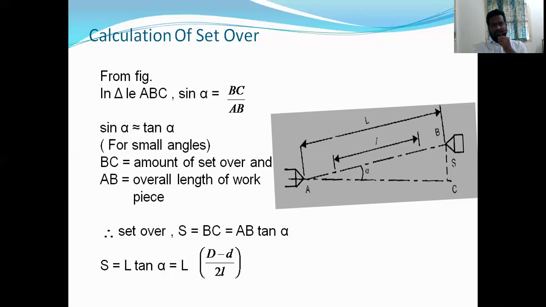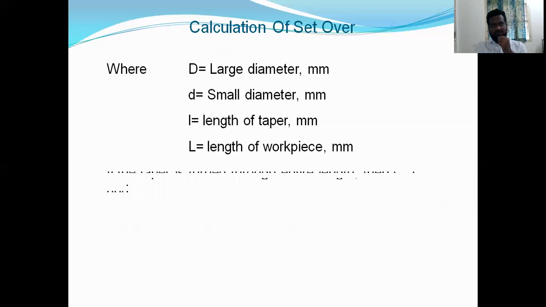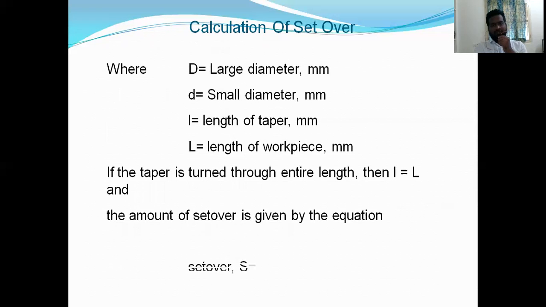We know already tan alpha means (D minus d) by 2l, where capital D is the large diameter, small d is the smaller diameter, small l is the length of the taper, and capital L is the length of the workpiece. If the taper is turned through the entire length, then small l is equal to capital L. So the amount of set over is given by the equation S is equal to (D minus d) by 2.